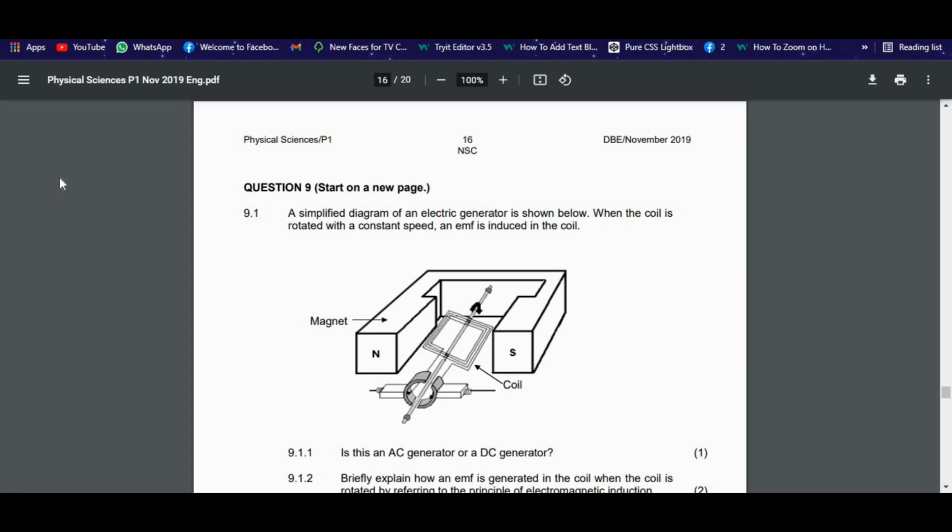So, question 9, we start on a new page. They say here, a simplified diagram of an electric generator is shown below. When the coil is rotated with a constant speed, EMF is induced in the coil. The first question is: is this an AC generator or a DC generator?